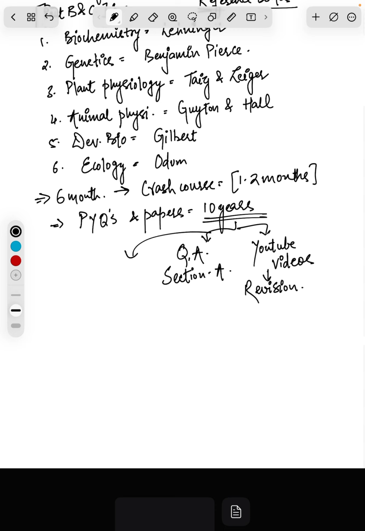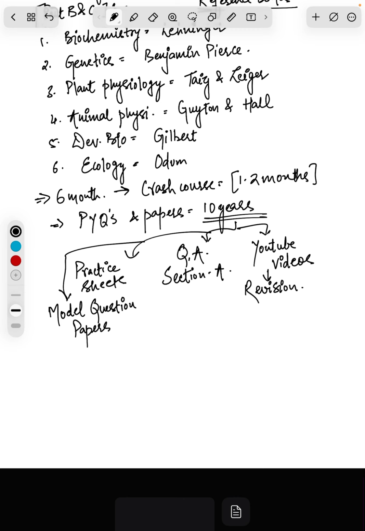And most important are model question papers, where you get an idea of how much of the cutoff you are clearing. This is the most important part. You need to practice as many questions as you can.